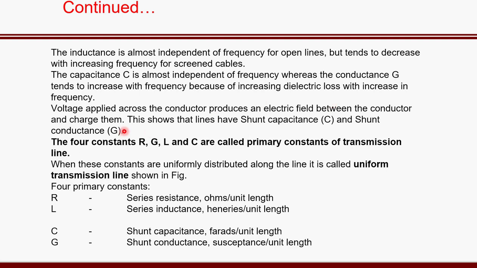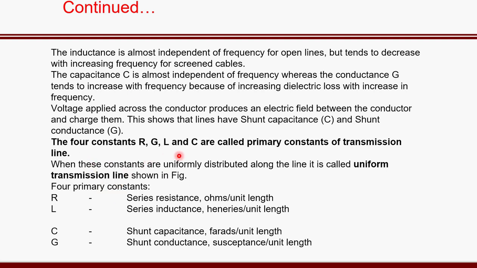The voltage applied across the conductors produces an electric field between the conductors and charges them. This shows that the lines have shunt capacitance and shunt conductance.